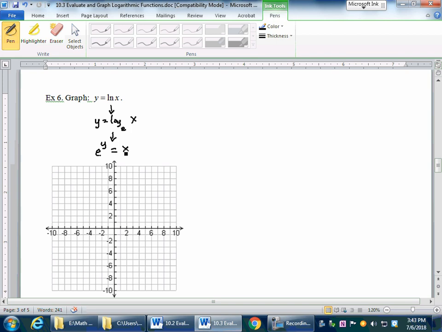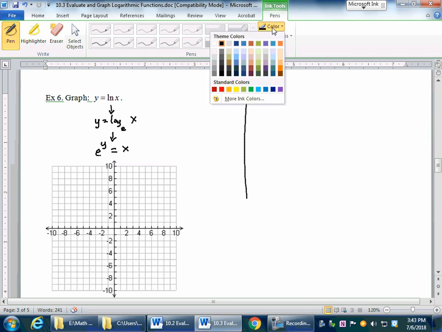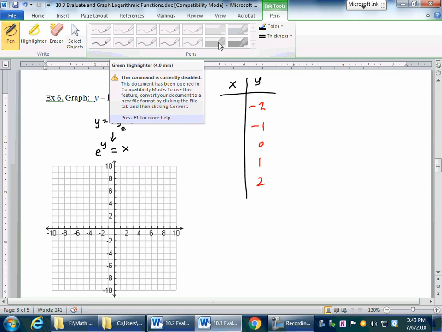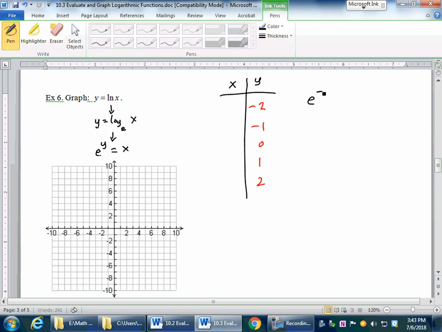So what we want to do is plug in the points like before, x and y. For y, we use -2, -1, 0, 1, 2. But this time you need to use a calculator to do the computations. So you plug in e to the -2 power. That will approximately give you your x value.